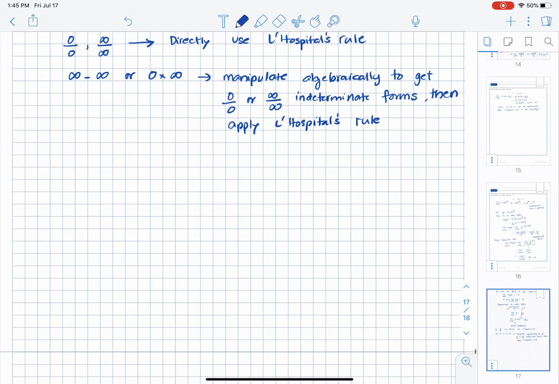And if we encounter the case of 0 raised to infinity, infinity raised to 0, or 1 raised to infinity, then we use logarithms followed by substitution.